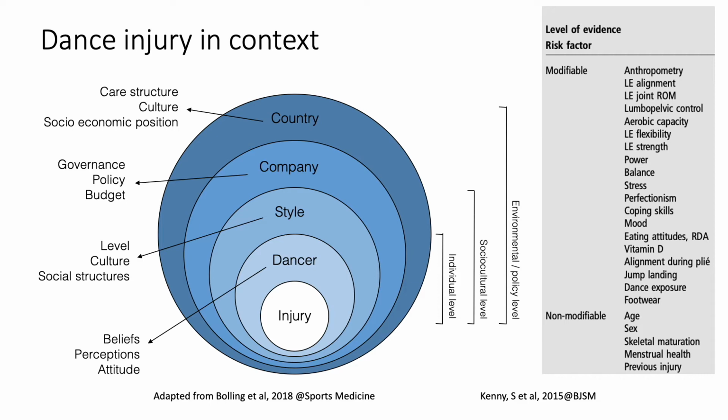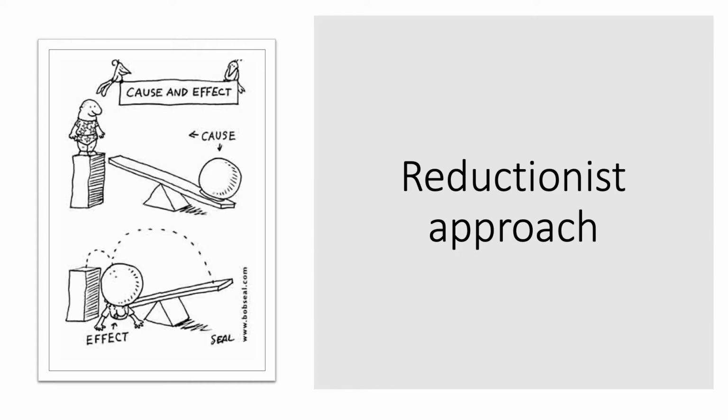What is wrong with that? Well, we developed our research, and this is not just dance research, it's also biomedical research, through a reductionist approach. By doing that, we create little silos and make every discipline work in boxes.